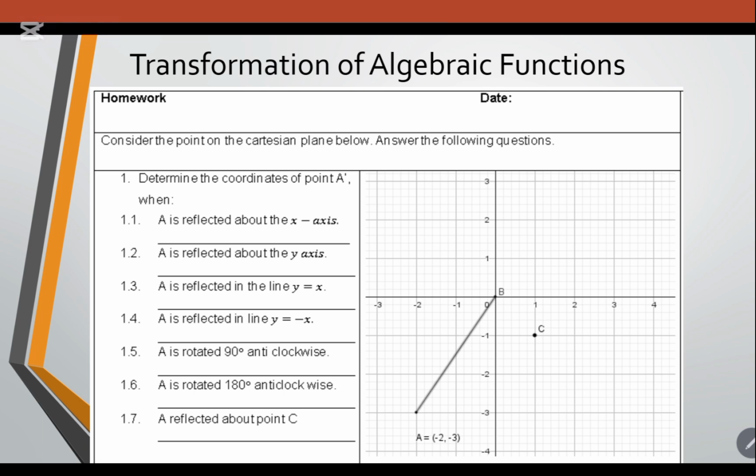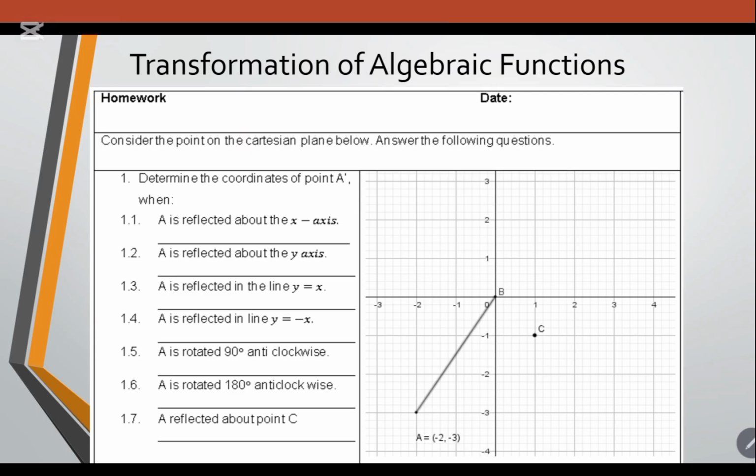Now, with the transformation of functions, like I always say, one of the easier ways is to develop a worksheet that will aid learners' understanding. So I'm going to use the learners' prior knowledge that they acquired in grade 8 and 9 about transformation in order to develop the transformation of algebraic equations for functions.